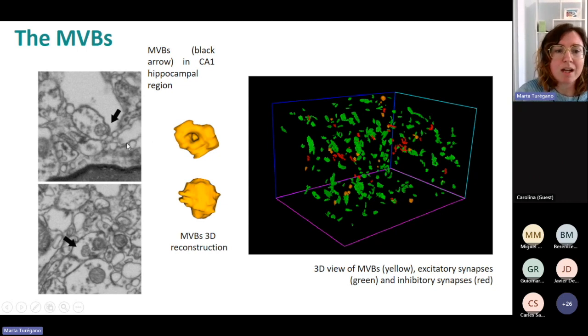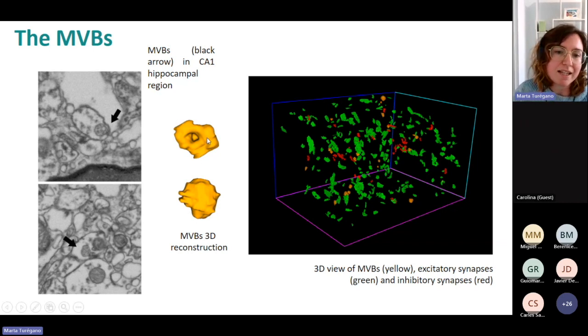As I said before, we have an image per 20 nanometers, so the multivesicular bodies appear in more than one image, and this helps us to identify the multivesicular body well and avoid mistakes, such as identifying other organelles, like the mitochondria here, as multivesicular bodies. So this tool helps us a lot.